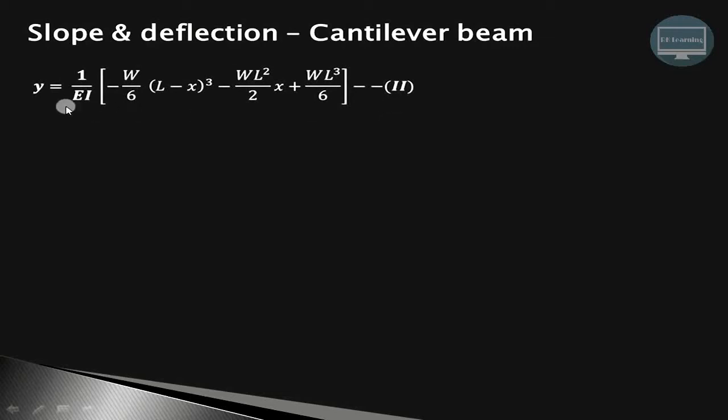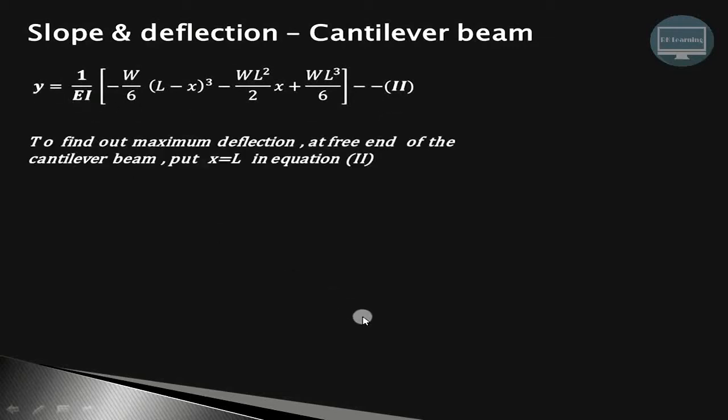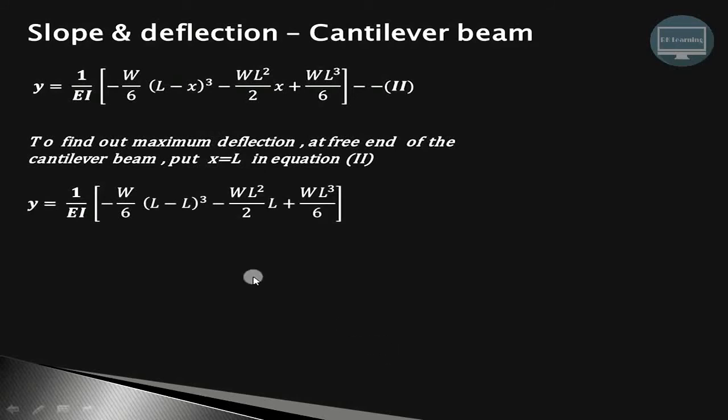Similarly, we can consider the second equation to find out the deflection, and we also know that the deflection is maximum at the free end of the cantilever where x is equal to L. So we can substitute x is equal to L in this particular equation. So this is 1 upon EI minus W by 6. In place of x it is L. Here also in place of x it is L. So this term is 0. So this is minus WL square into L, that is L cube.